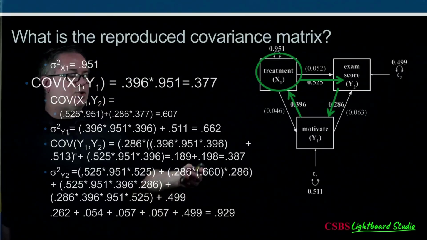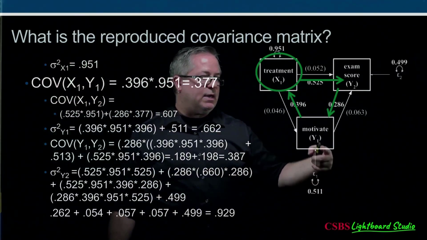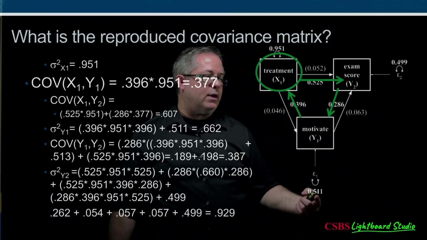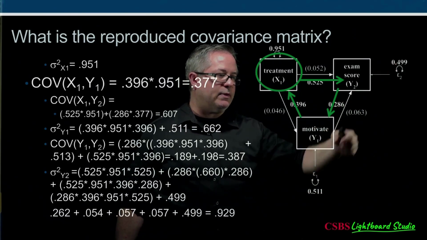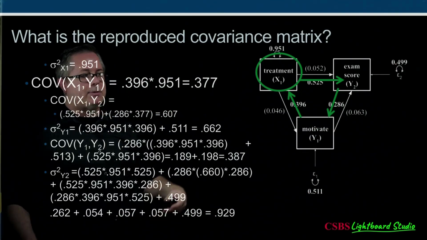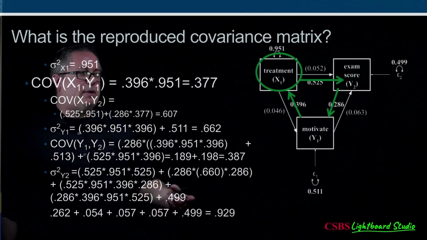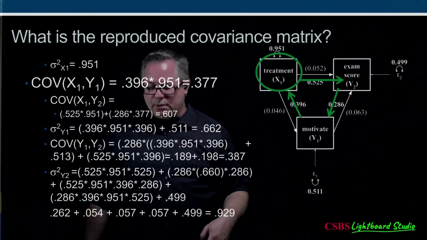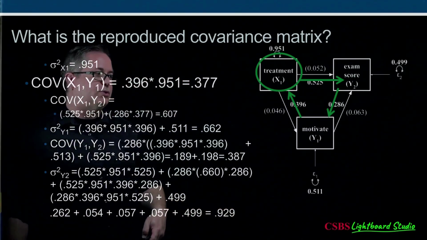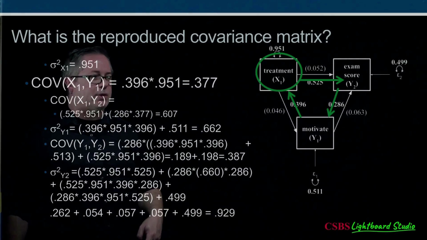And making sure with a variance, anything that's endogenous, you also have to add in the error variance to get the complete variance of that variable. Otherwise, you get the same results from both the covariance algebra and the path tracing rules, as long as you sort of apply them correctly, which can be sort of tricky.